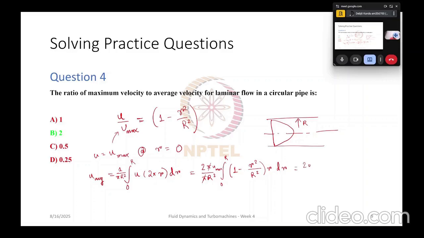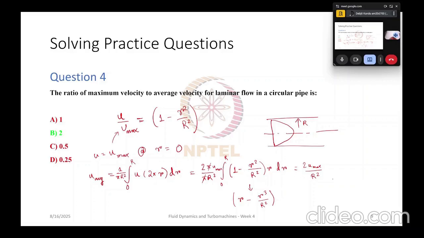We have 2 u max over R squared outside. And let's evaluate this integral. So if I multiply r, this term within the integral becomes r minus r cube by capital R squared.